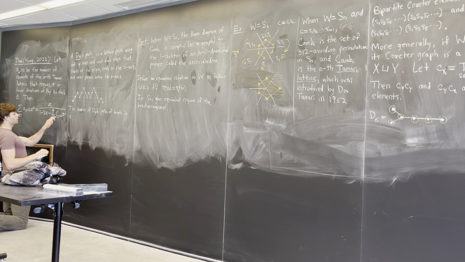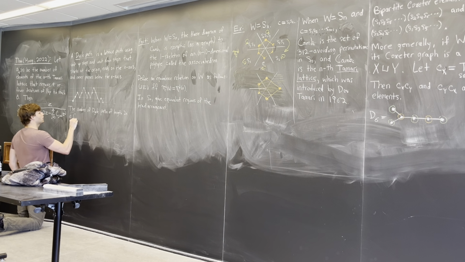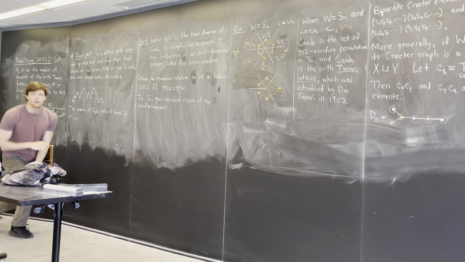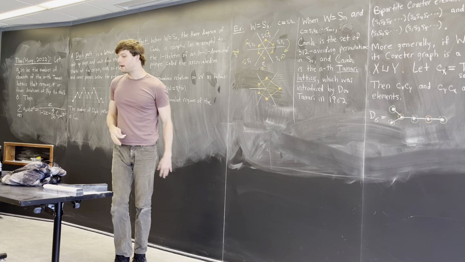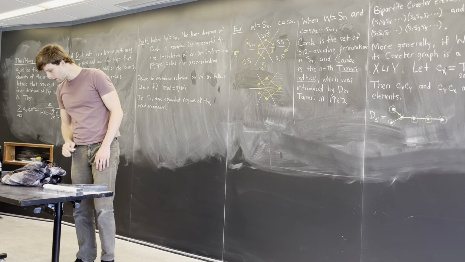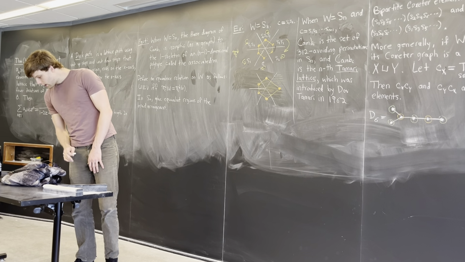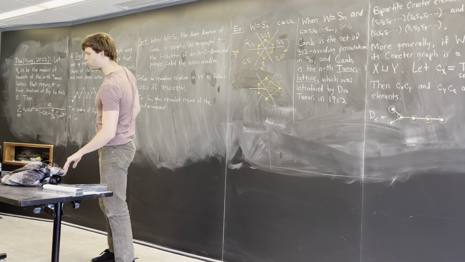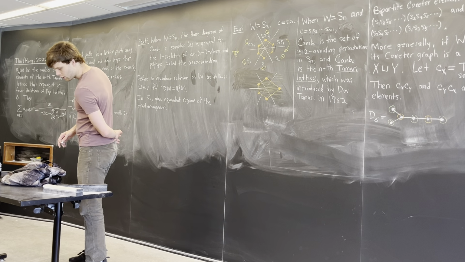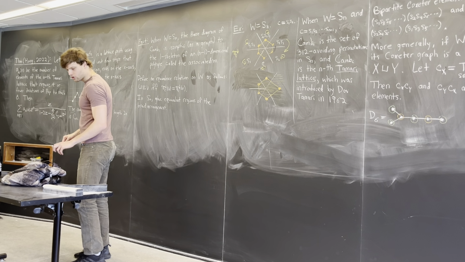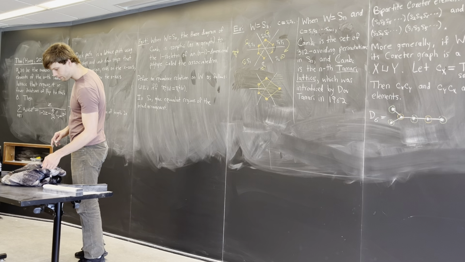I've switched over to using C sub n for the nth Catalan number. This is what I was calling cat of S_n before. And we can define a partial order on Dyck paths, which I think I mentioned in the P set.